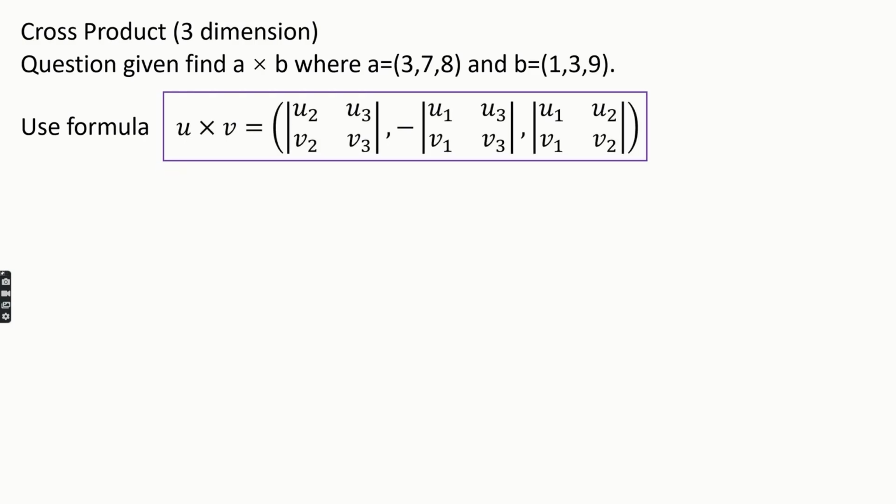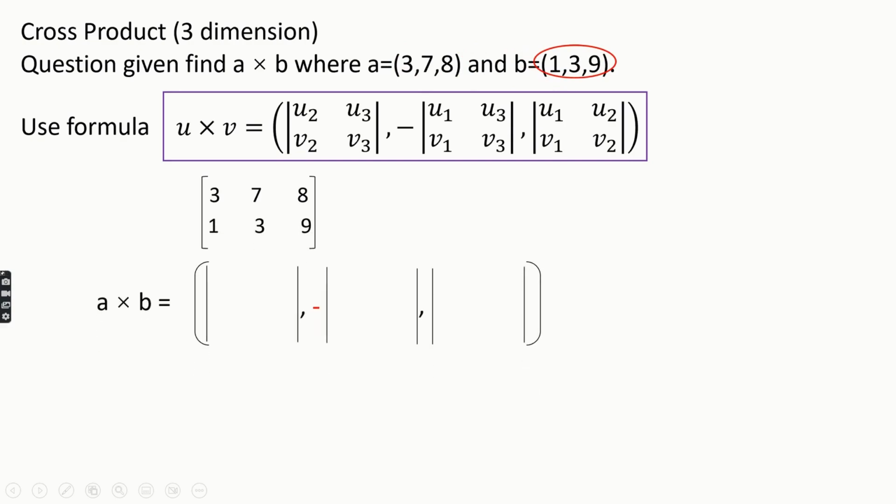To find the numbers that we need to fill into the formula, we should put a and b in this form, with a on the top and b under a, and fill them into this formula.